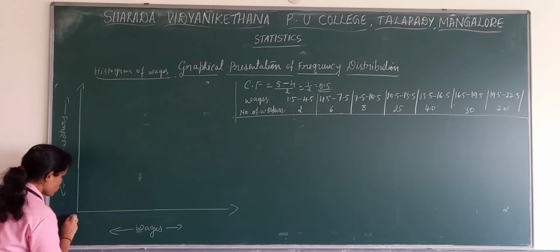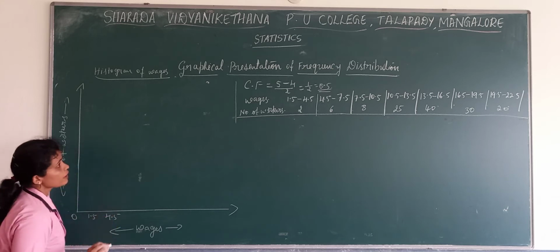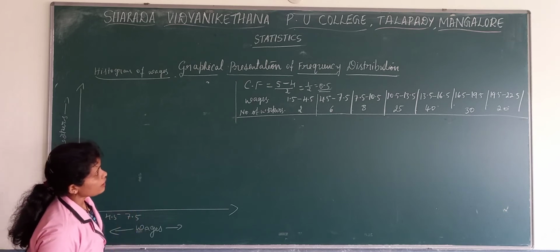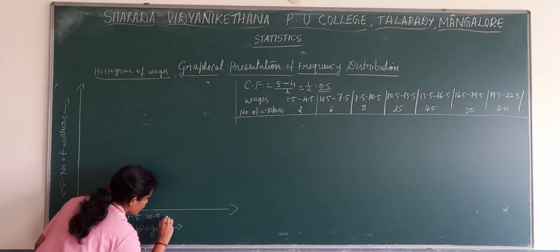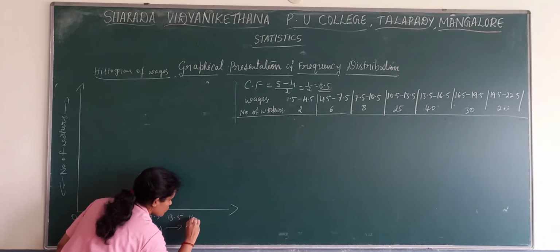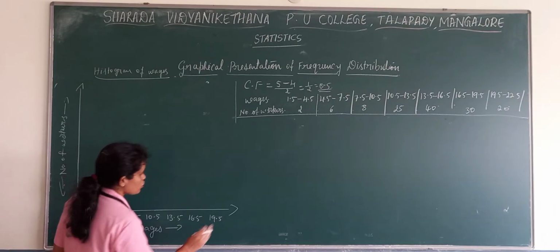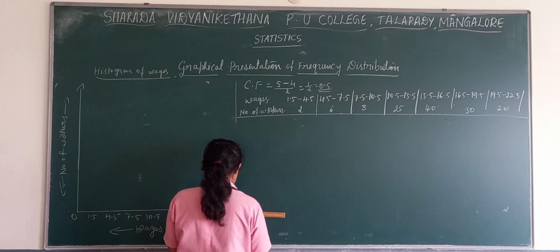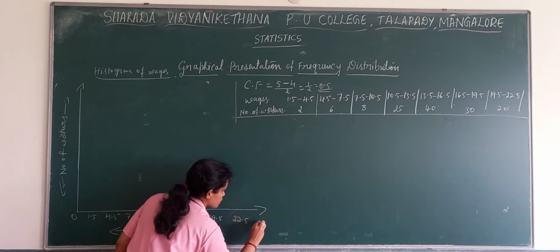Here it is 0, 1.5, 4.5, then 7.5, then 10.5, then 13.5, then 16.5, 19.5, and then the last one, 22.5. This is the x-axis.